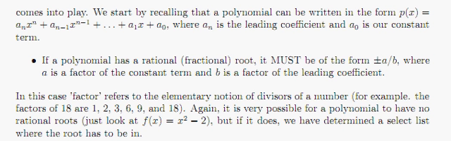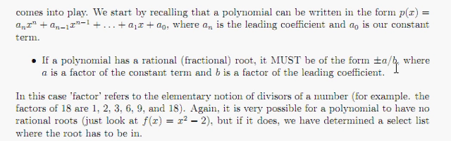What our rational root theorem tells us is that if there is a rational root, and again, there's absolutely no guarantee that there has to be, but if there is one, it has to do with the factors of both the leading term, a sub n, and the constant term, a sub 0.